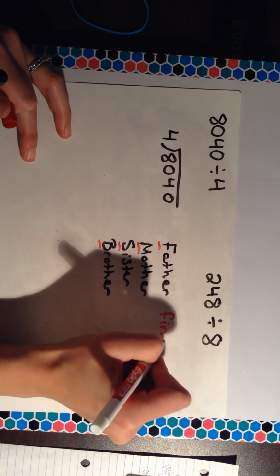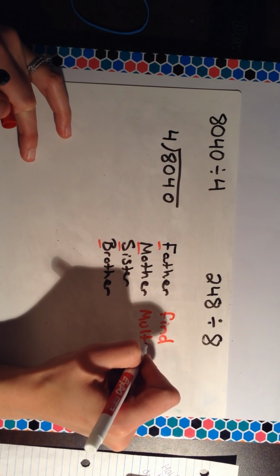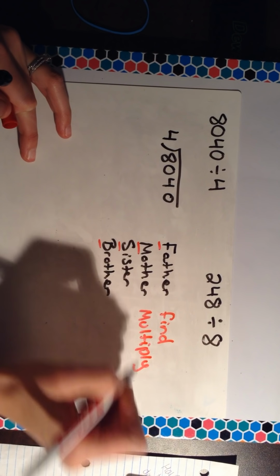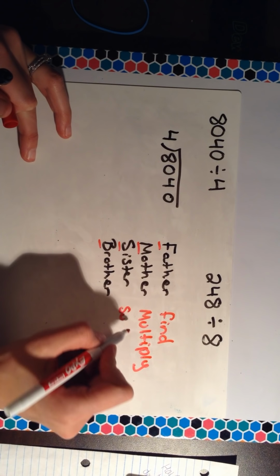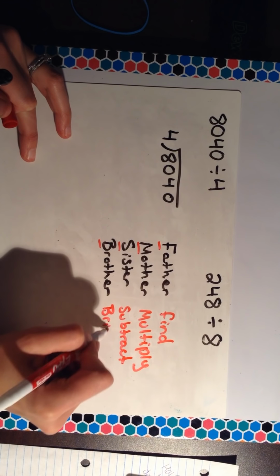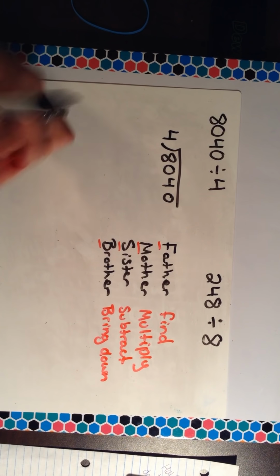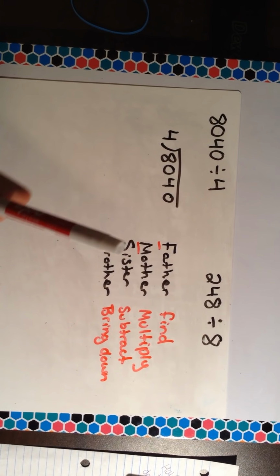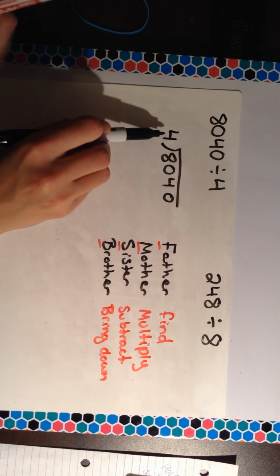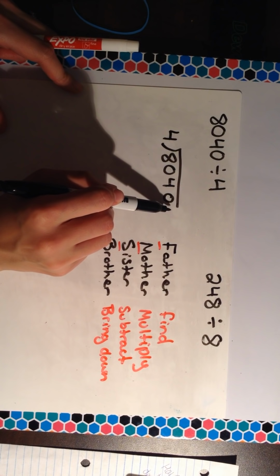So find a number that works, and that might take time, but that's okay. We're going to have to do some multiplying, we're going to have to do subtraction, and we're going to have to bring down, and repeat until we are finished, or if we have a remainder or a decimal. So I have to find how many times 4 goes into 8, or 8,000.